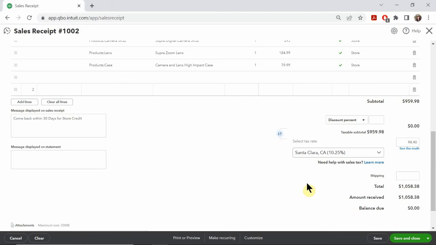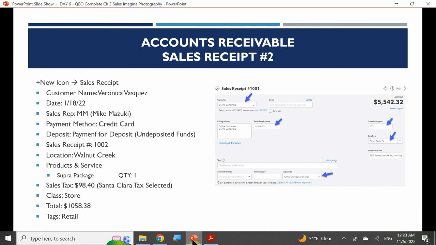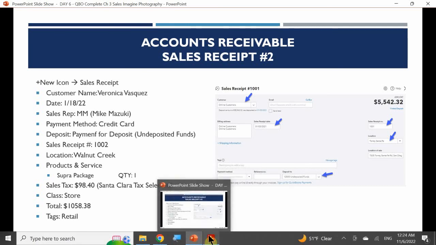And because they paid with a credit card, it's going to be automatically paid. Okay. All right. So a total of $1,058.38. Okay. All right. And that is how you record a credit card payment. All you have to do is just change the different payment methods, and that is pretty much it.